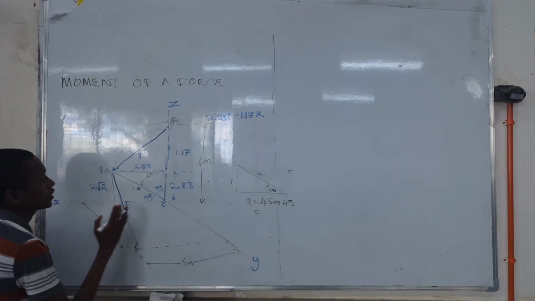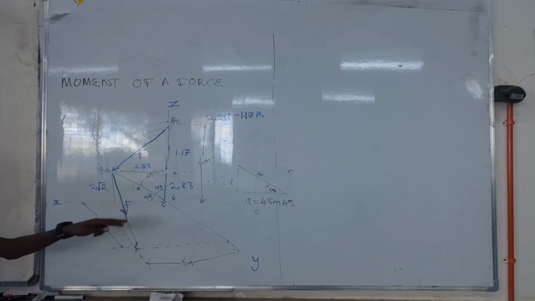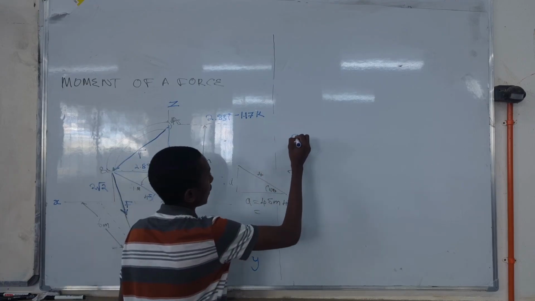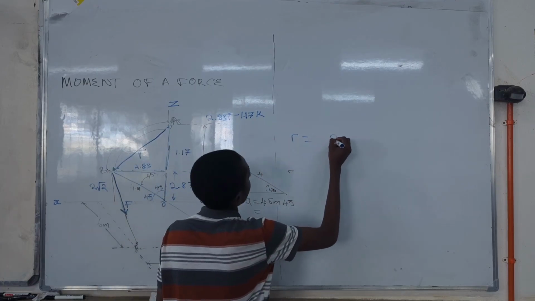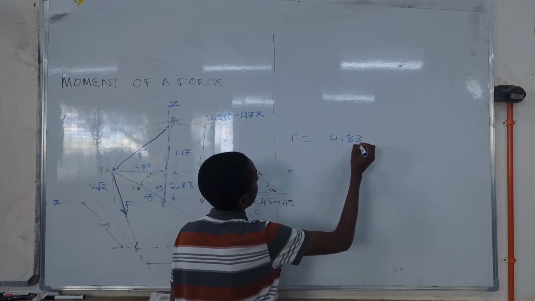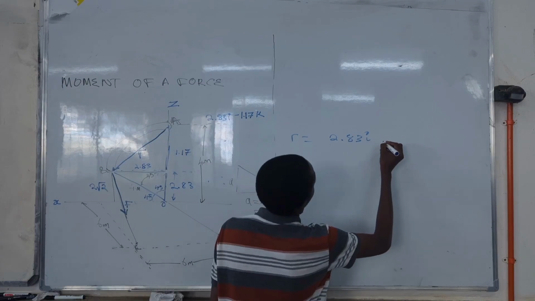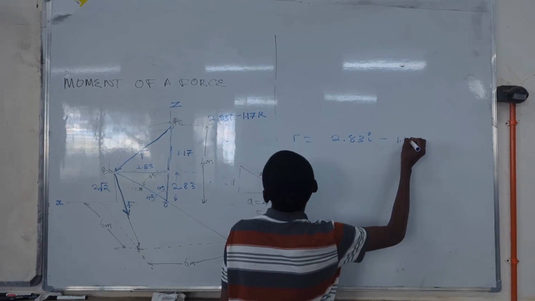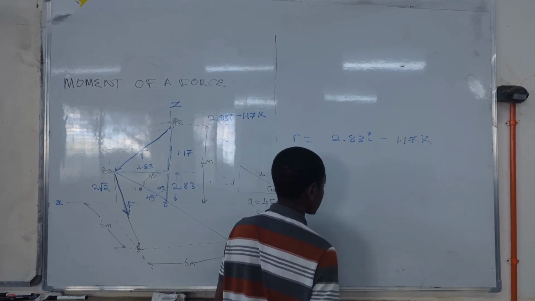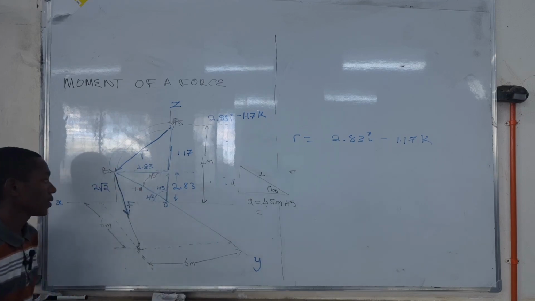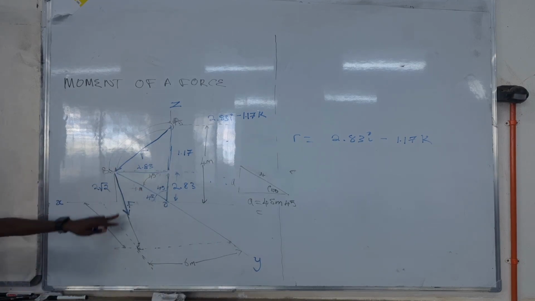And we haven't moved in the Y. So in the Y it is 0. Okay, so we found our R. Our R is equal to 2.83 i minus 1.17 k. Alright.